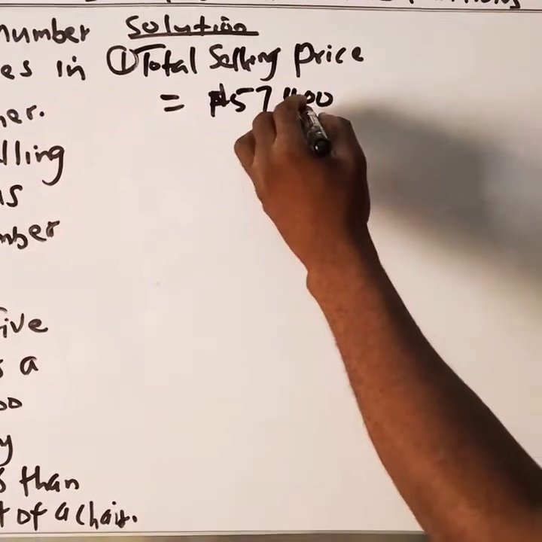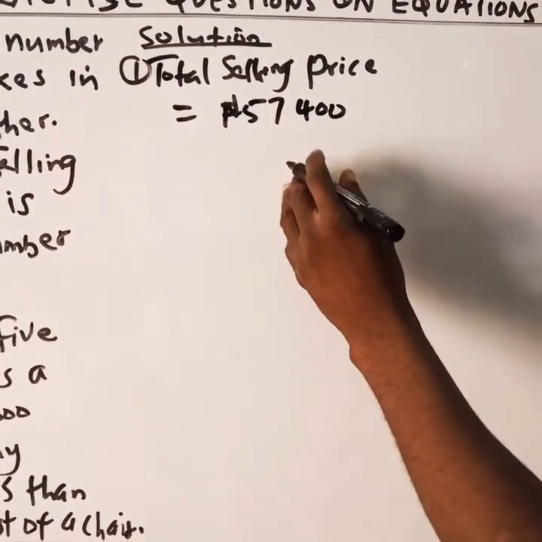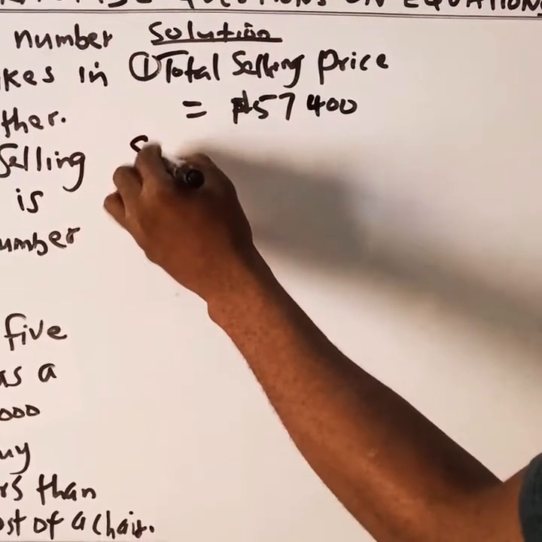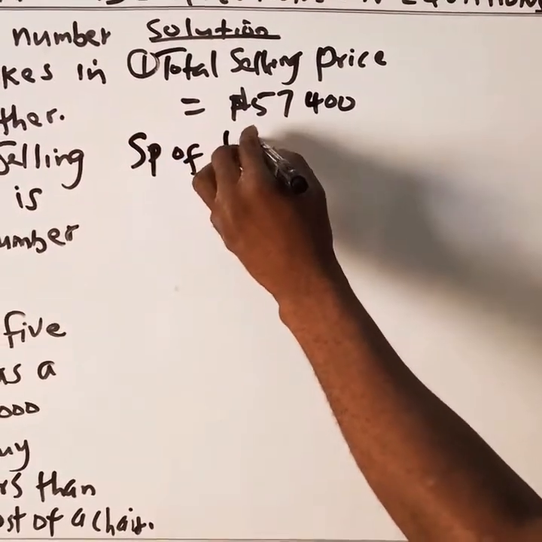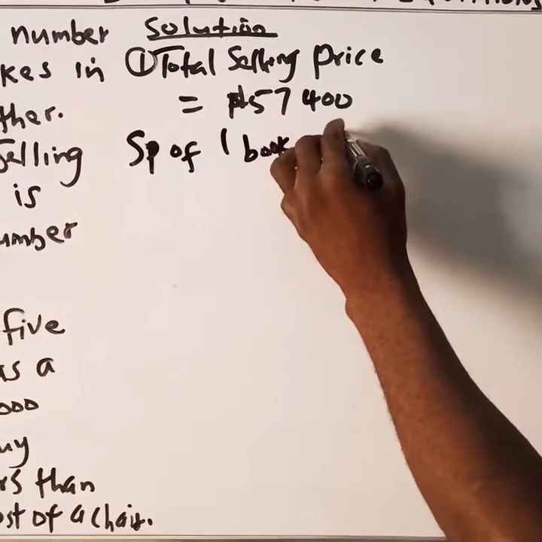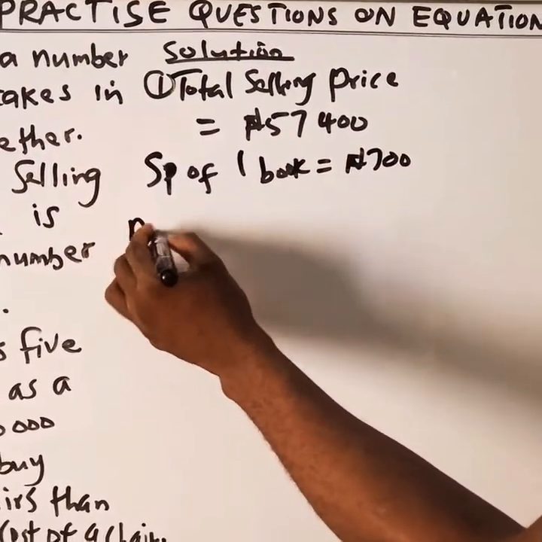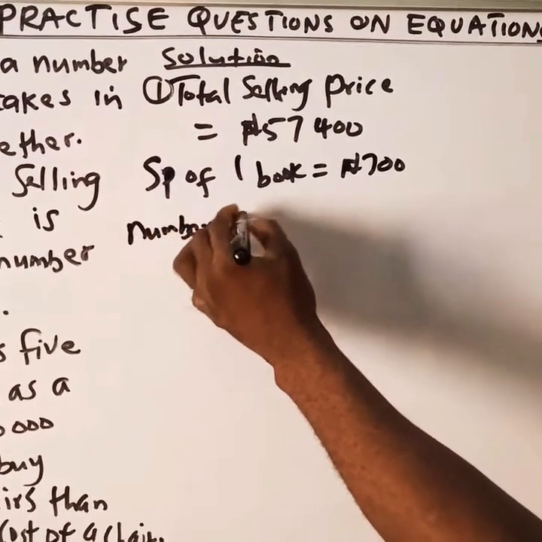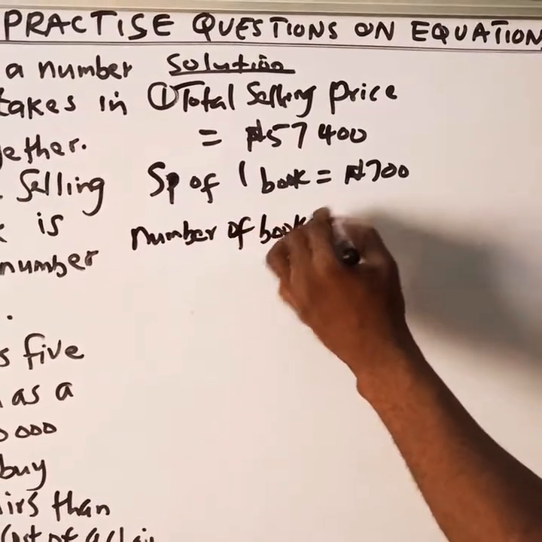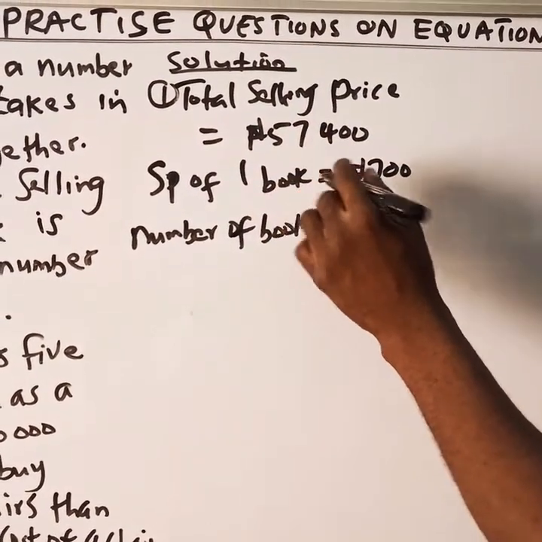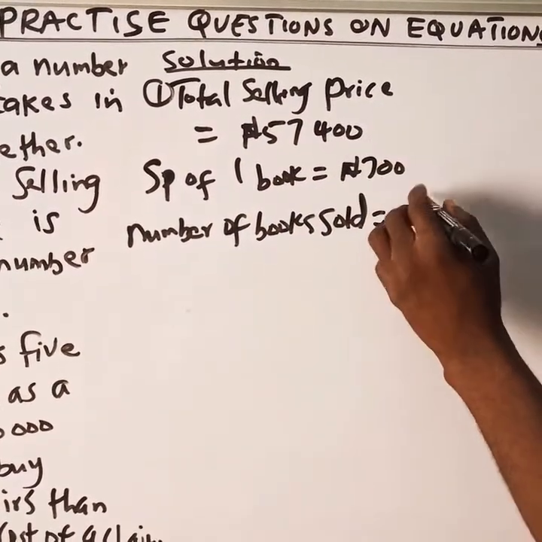If the average selling price of a book is 700 naira, that means the selling price of one book is 700 naira. Find the number of books sold. Since you know the total sum of money realized, you divide it by the cost of one book to know the number of books sold.